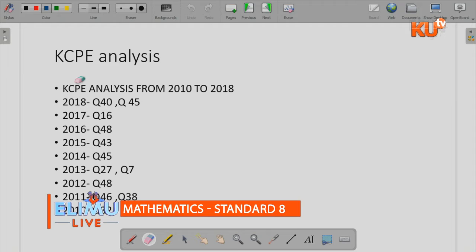In 2011 there were 2 questions, question 46 and question 38. 2010, 1 question, 2012, question 48, 2013, question 27 and question 7. Up to 2018, which is question 40 and question 45. So if you check your KCPE papers, you'll find such questions.